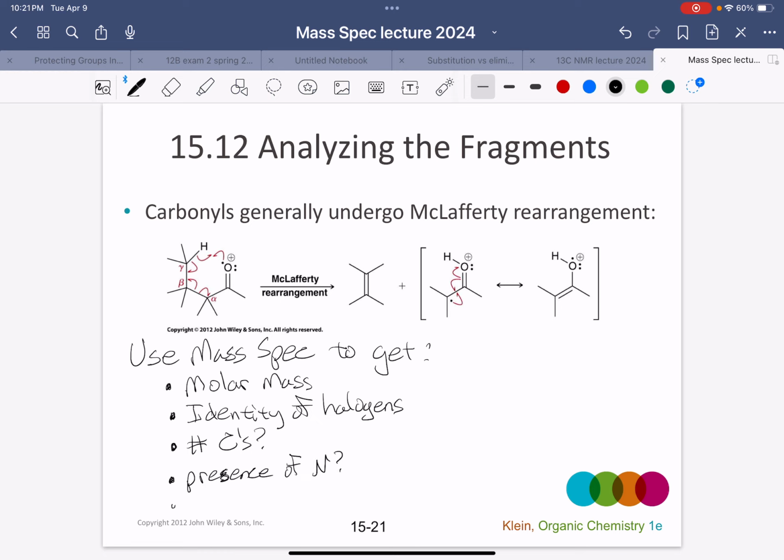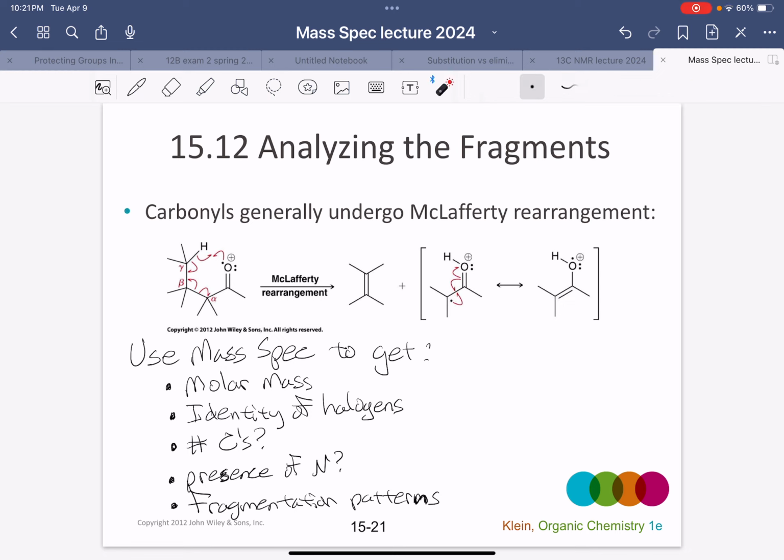And then the other thing is our fragmentation patterns.